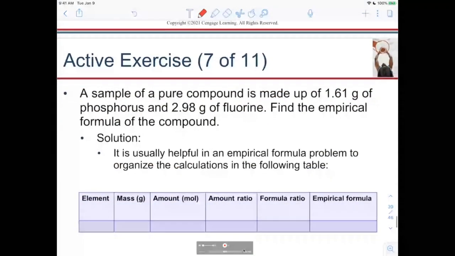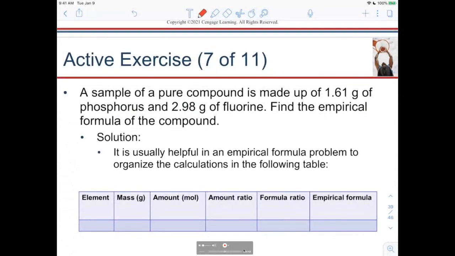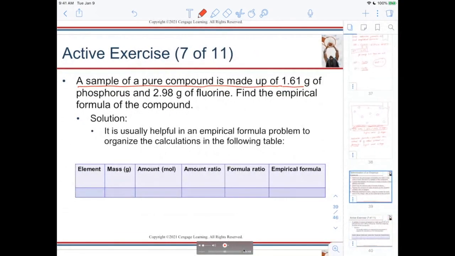And then not only that, they have converted those wordy steps into a nice little table, okay? In the problem here, we're told a sample of pure compound is made up of 1.61 grams. Okay, so I'm going to write this on the side so I can see. I need the space.